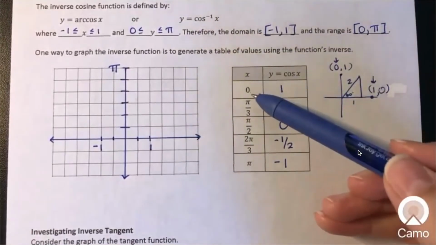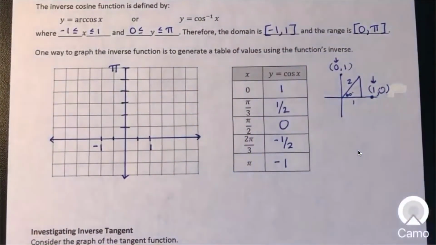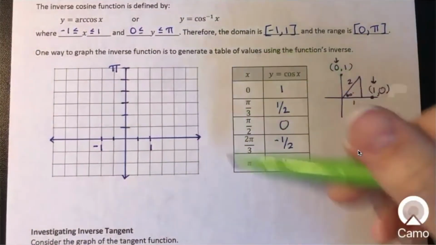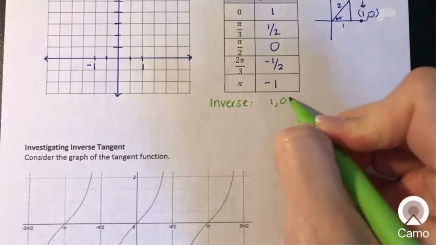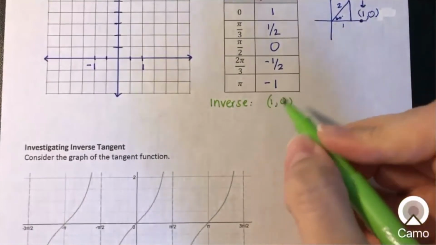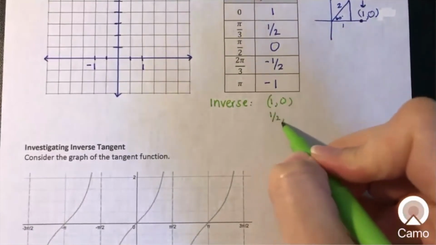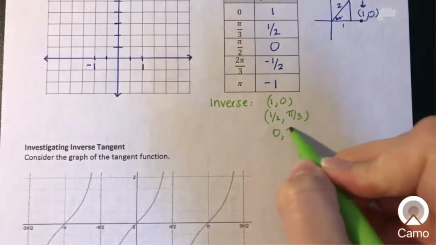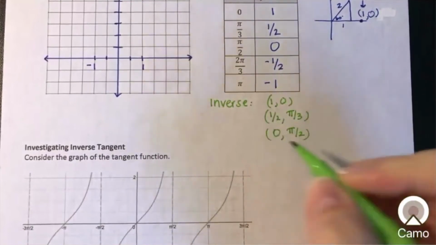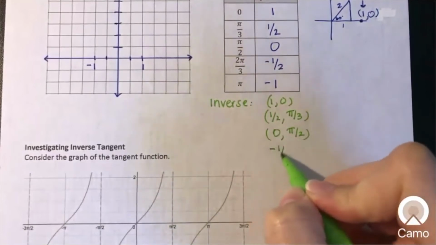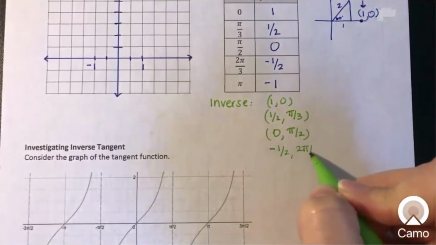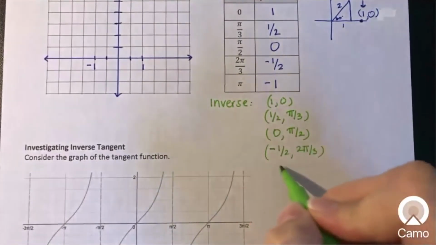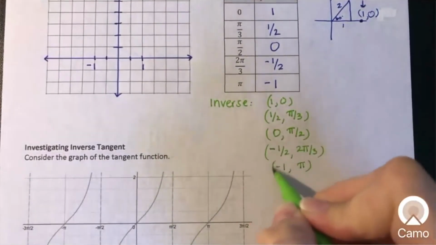Actually, these are the cosine values. So ordered pairs will be 1, 0, 1/2, pi over 3, 0, pi over 2, -1/2, 2 pi over 3, and -1, pi.